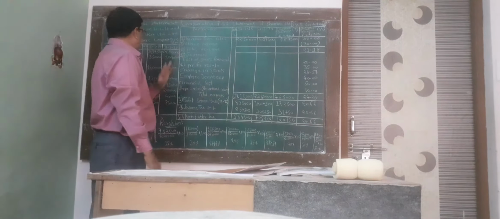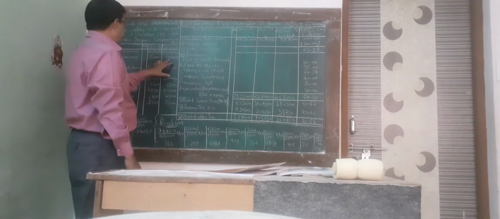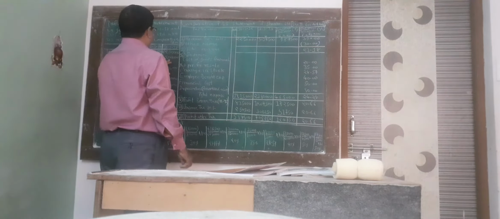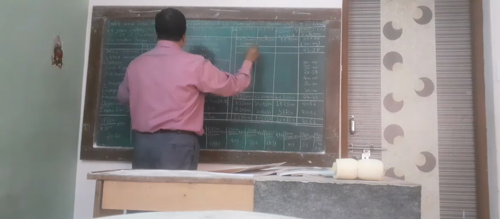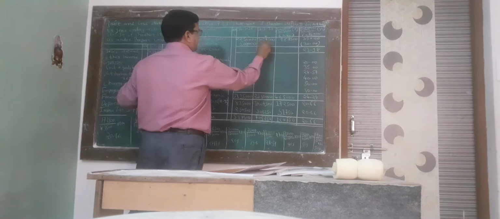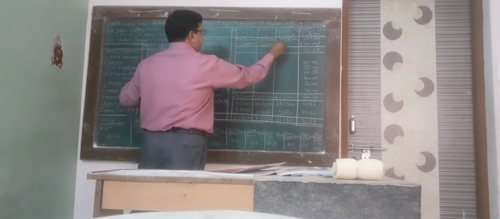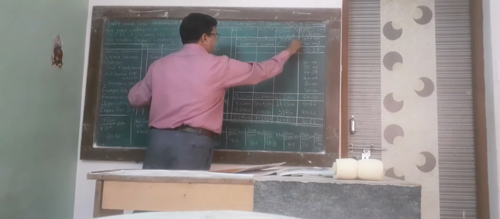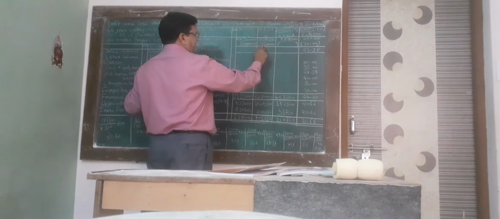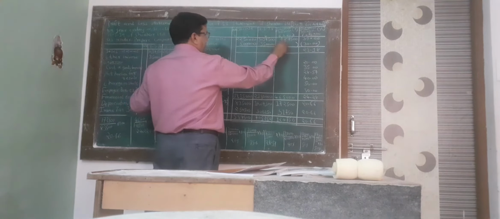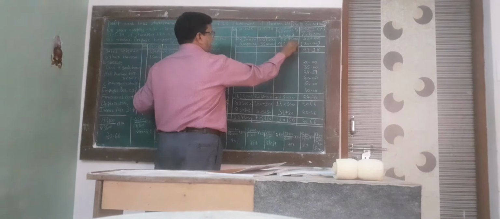Now, other income: first 5 lakhs, then 3 lakh 50,000. So there is a decrease, so it is shown in brackets, friends. 3 lakh 50,000 minus 5 lakhs is minus 1 lakh 50,000.